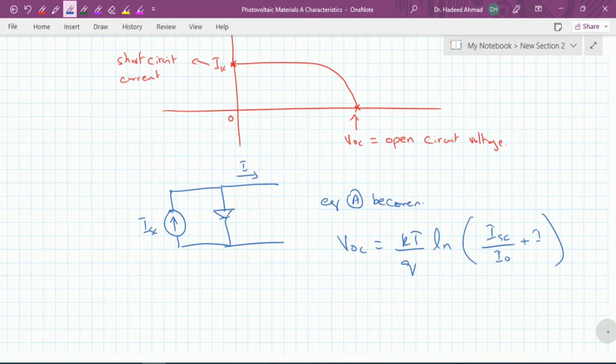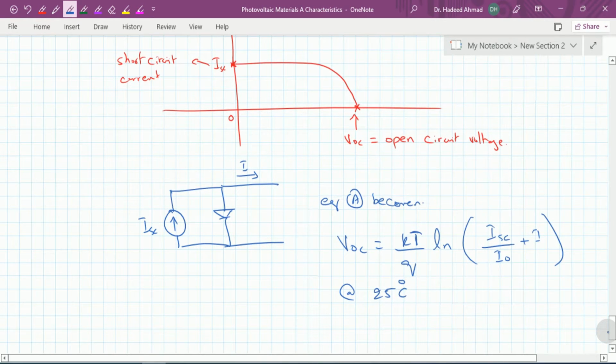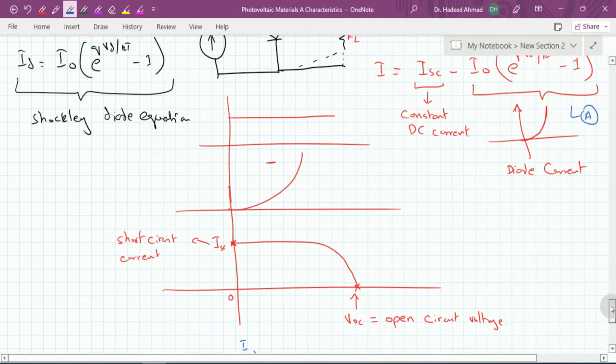And if we plug in the value T equals 25 degrees centigrade, this VOC becomes equal to 0.0257 log of ISC over I naught plus 1.